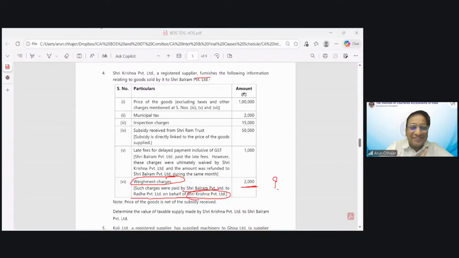Don't use that word, in respect of supply is fine, but there is one word more important than that. No. It is paid by the... Charges are paid by Balram. Balram is the recipient of goods sold by it to Sri Balram. So Balram is the recipient. On behalf of the supplier, he has made the payment.